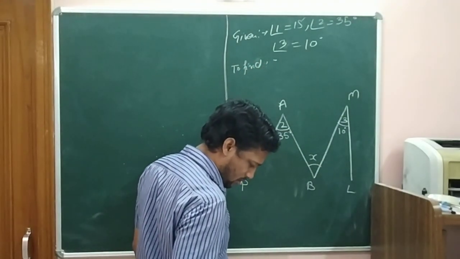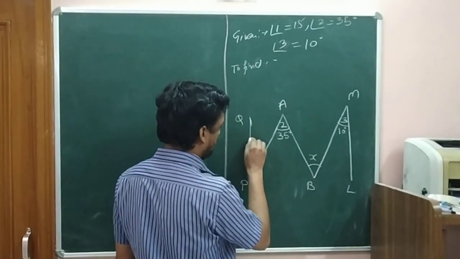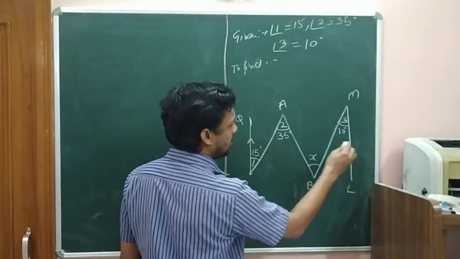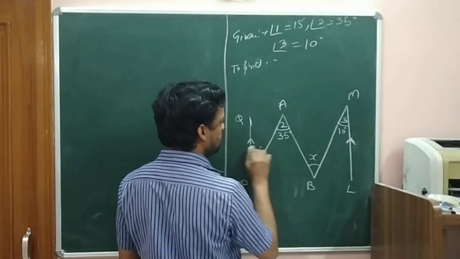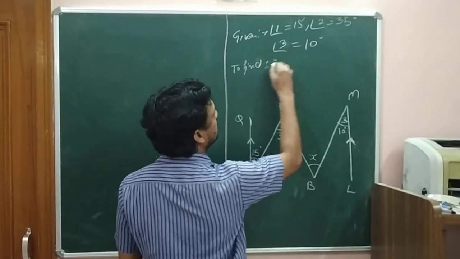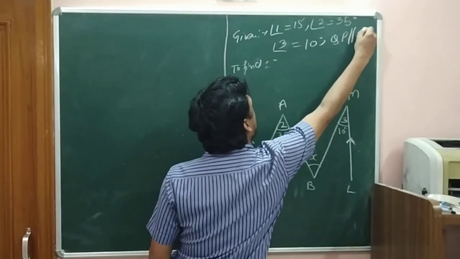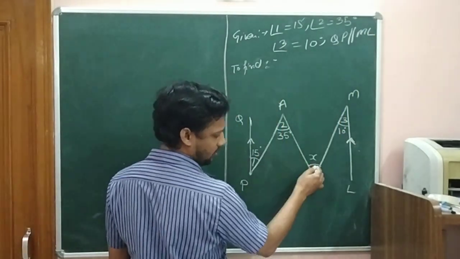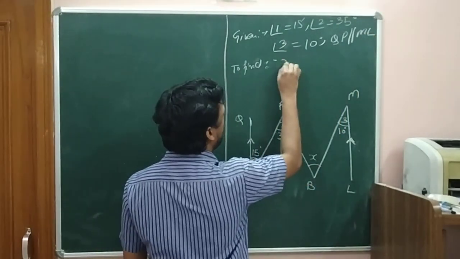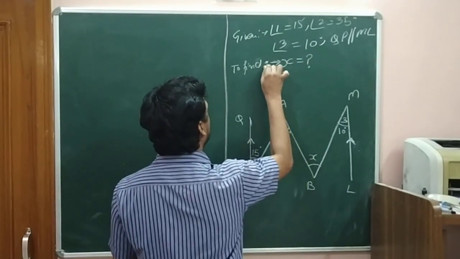In this question, it is also given that QP is parallel to ML, meaning the first line and the last line are parallel to each other. To find, we have to find the value of X.